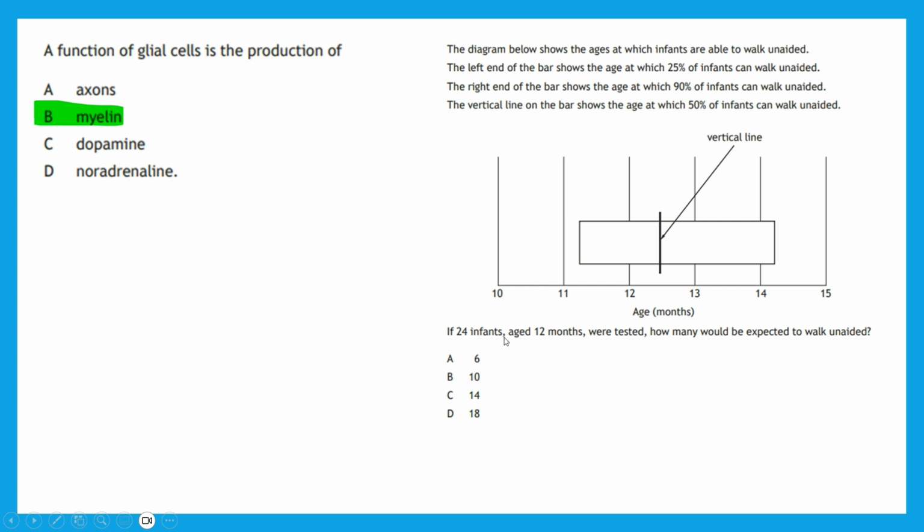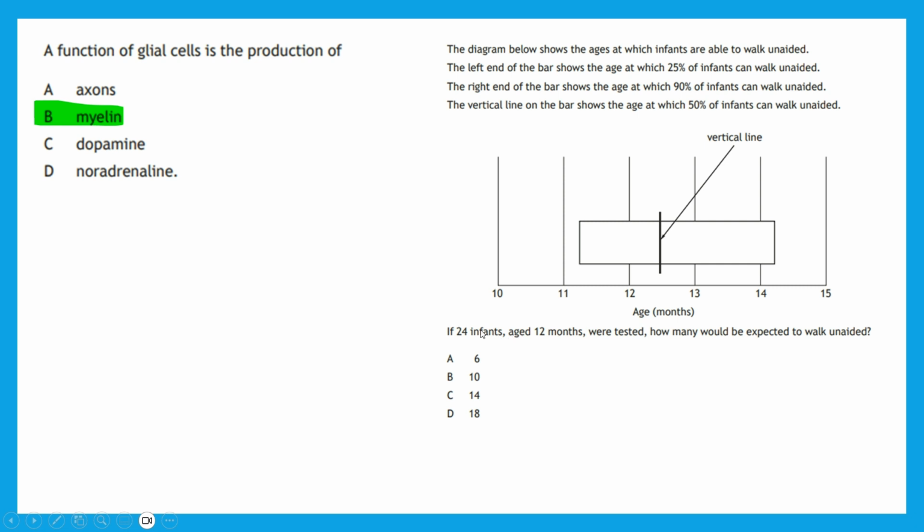So if 24 infants aged 12 months were tested, how many of them would you expect to be able to walk unaided? Okay. We're looking at the 12 months, so it's well below the 90, well below that 50% mark.